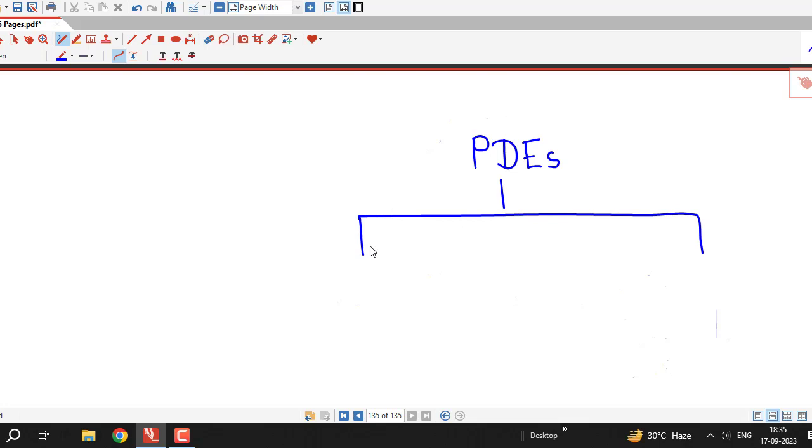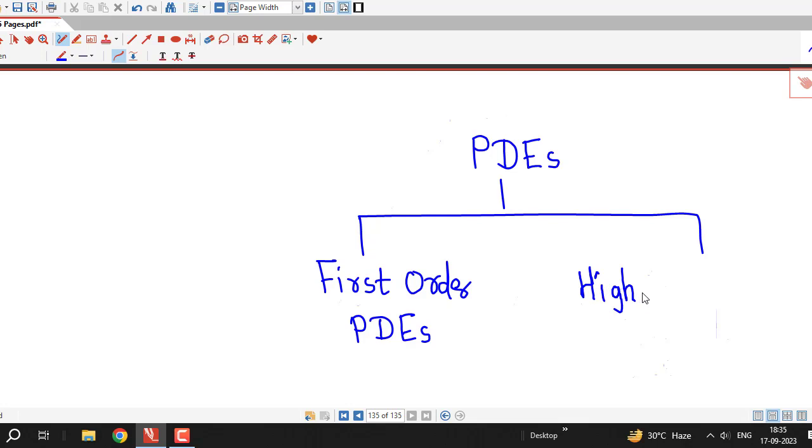We have seen one lecture series on the methods of solving first order partial differential equations, and in this lecture series our focus will be on partial differential equations of order greater than 1 that we will consider as higher order partial differential equations. Why are we discussing these two types separately?